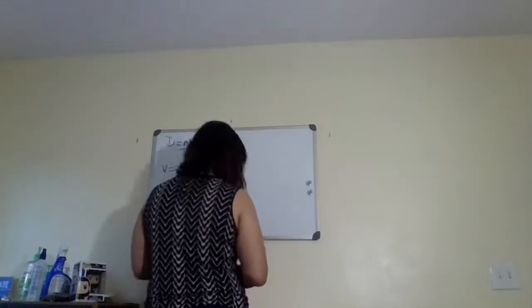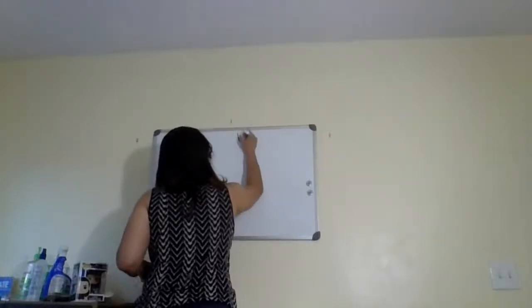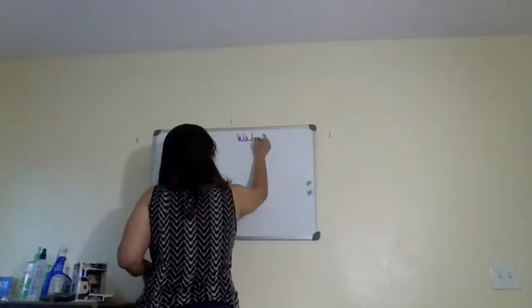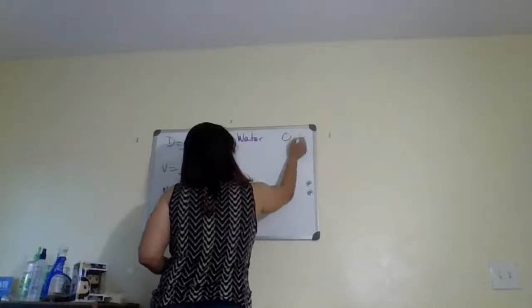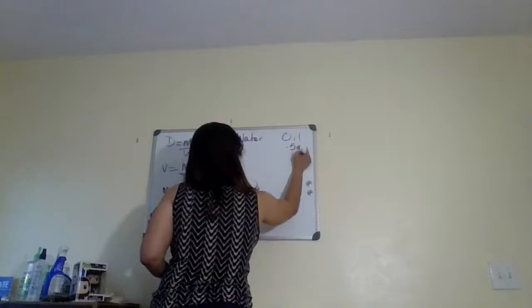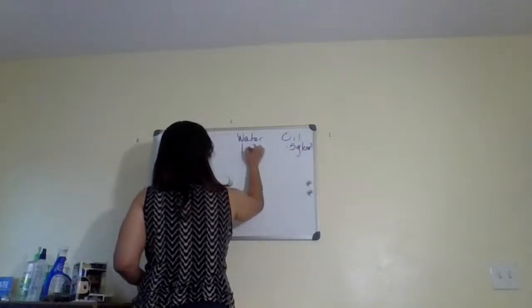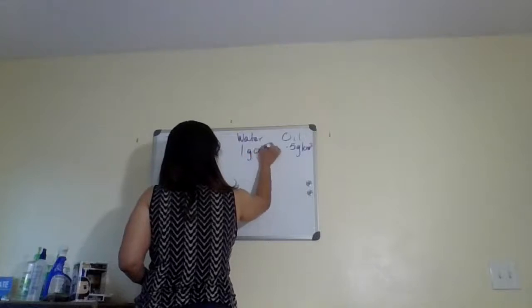Okay, so the question that I had originally posed, and I said I would go over it again. You have water and oil. We said the oil has a density of 0.5 grams per cubic centimeter. Water has a density of 1 gram per cubic centimeter.